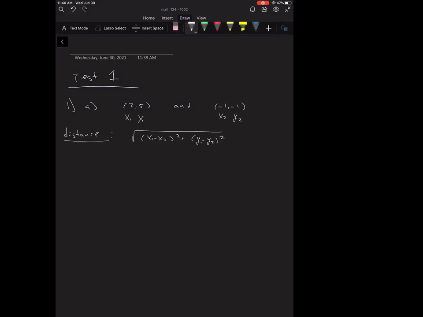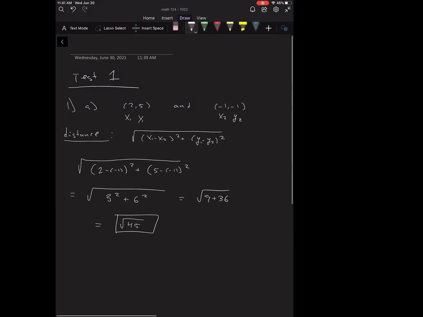Then we plug it into this formula. We get the square root of (2 minus a negative 1) squared plus (5 minus a negative 1) squared. So this is the square root of 3 squared plus 6 squared, which is the square root of 9 plus 36, which is the square root of 45. So this will be the distance between these 2 points.